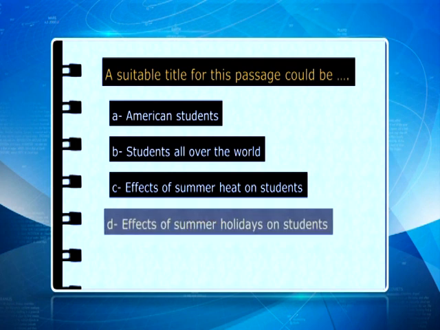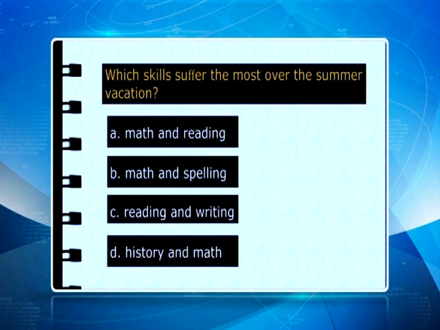on students. Now question number 2, which skills suffer the most over the summer vacation? Of course, a quick reading of the passage won't allow you to pick up the right answer. So you need to go back quickly and scan the text for this information and find which skills suffer most.